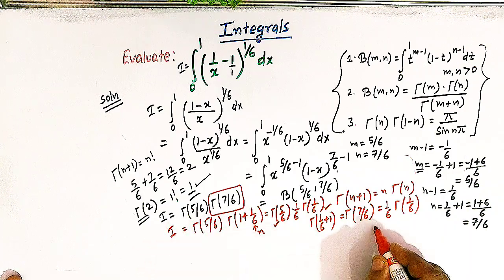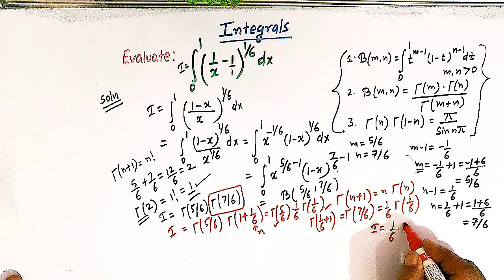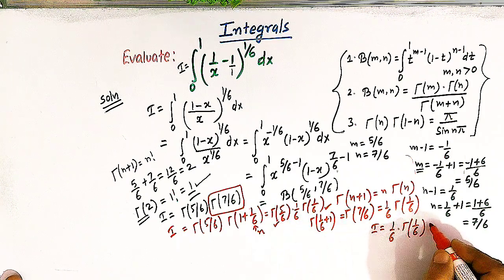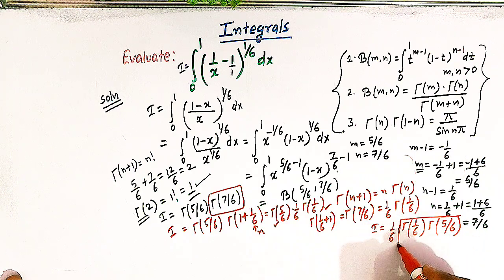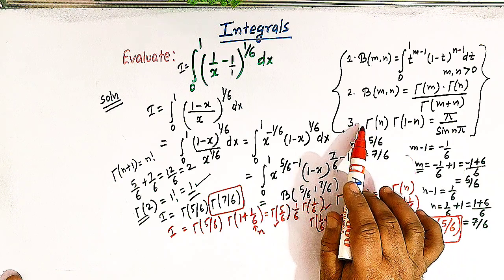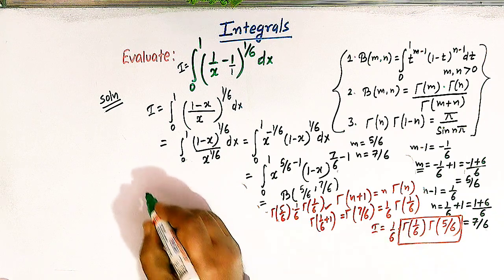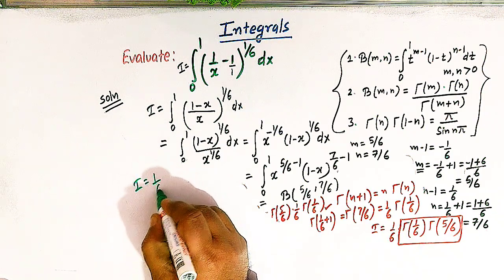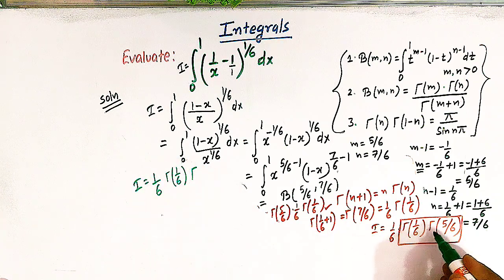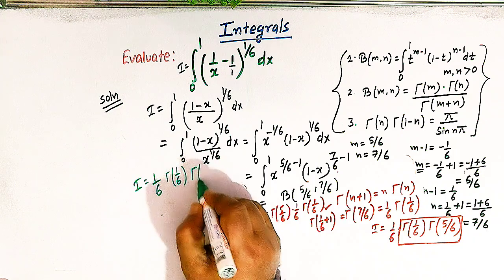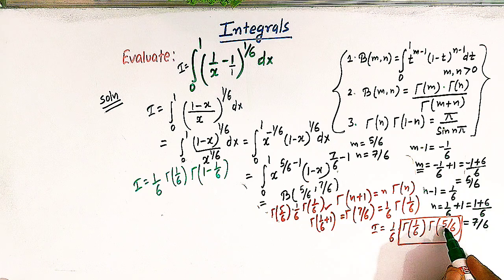Now I can be written as 1 over 6 times gamma of 1 over 6 and gamma of 5 over 6. Here we have to make use of Euler's reflection formula. Gamma of 5 over 6 can be written as gamma of 1 minus 1 over 6, because 1 minus 1 over 6 is 5 over 6.